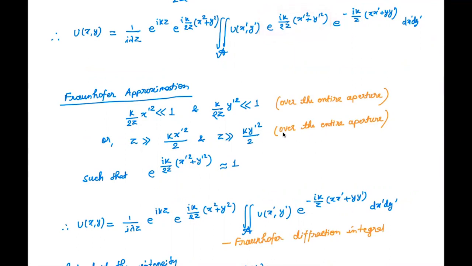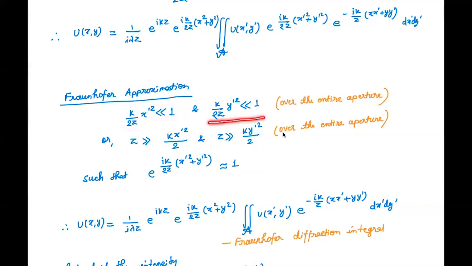How do we make sure that this term is equal to 1? This we can do when we say that this quantity is essentially 0. Okay, so that means this quantity is much smaller than 1. And again, i k by 2z times x prime square, this quantity is also much smaller than 1. So k x prime square by 2z much smaller than 1.